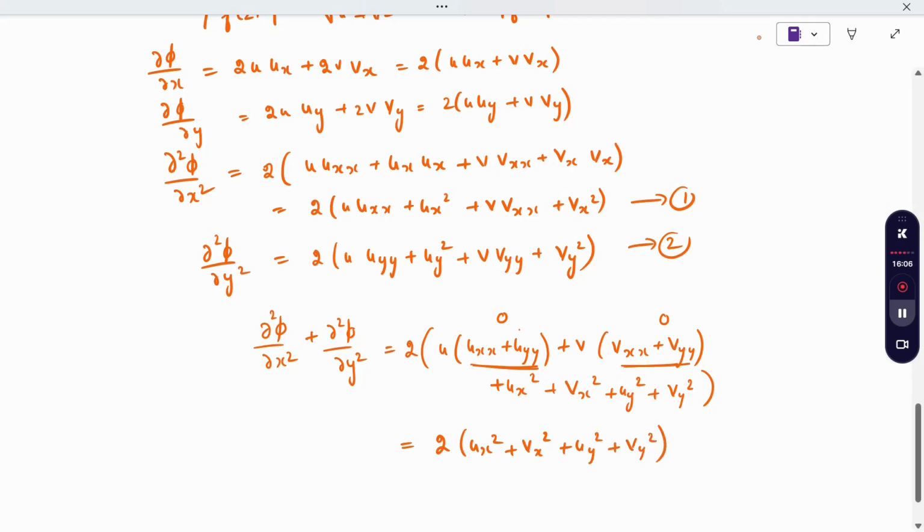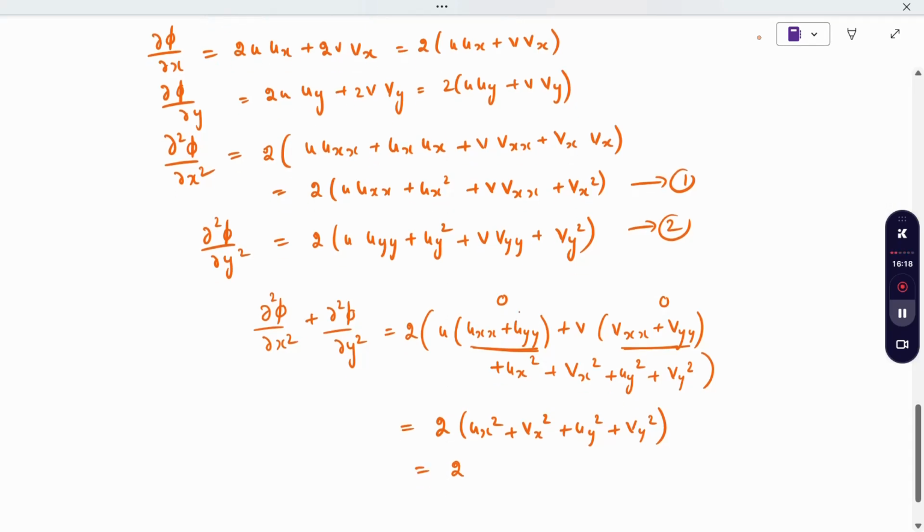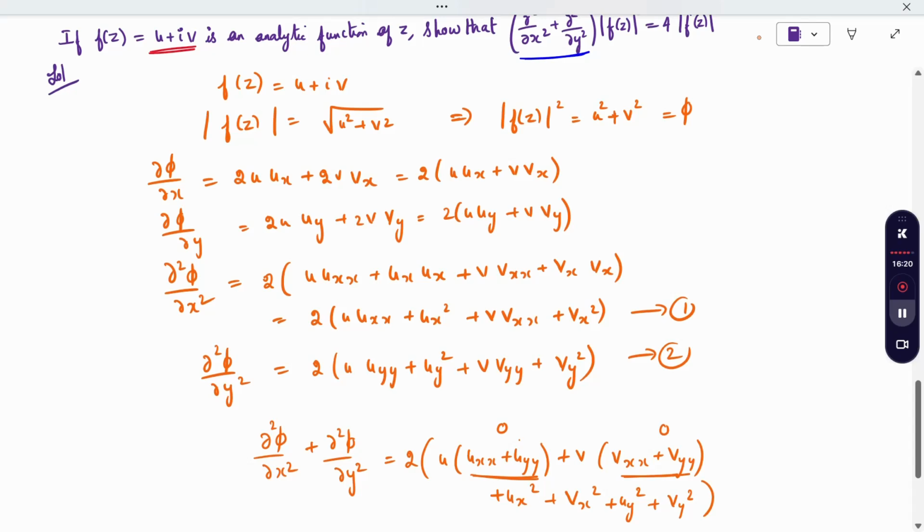So we know that ux squared plus vx squared is nothing but what? Now only we have written modulus of f of z. I will show you again at the top, where we started. We have written u squared plus v squared as modulus of f of z.